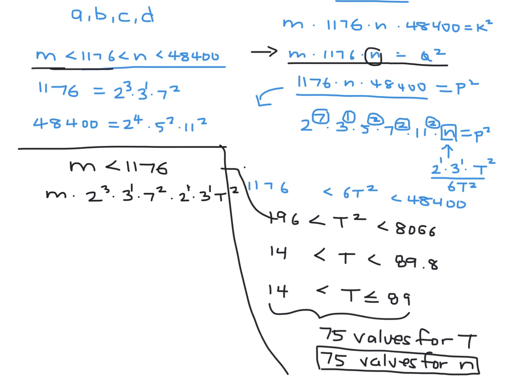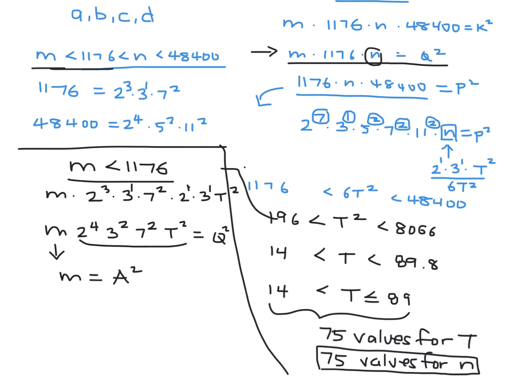And this combines to m times 2 to the power of 4, 3 to the power of 2, and 7 to the power of 2 times t squared. I've called it q squared. So this is a perfect square right there, because all those exponents are even. That means m has to be a perfect square in order for this to be valid. So m must be some perfect square, a squared, whatever you want to call it.